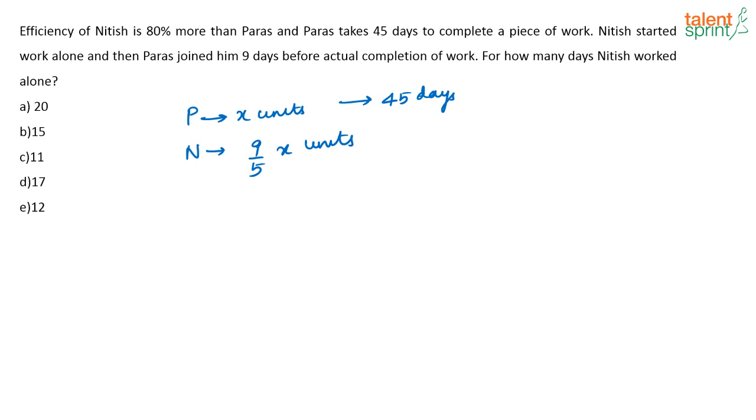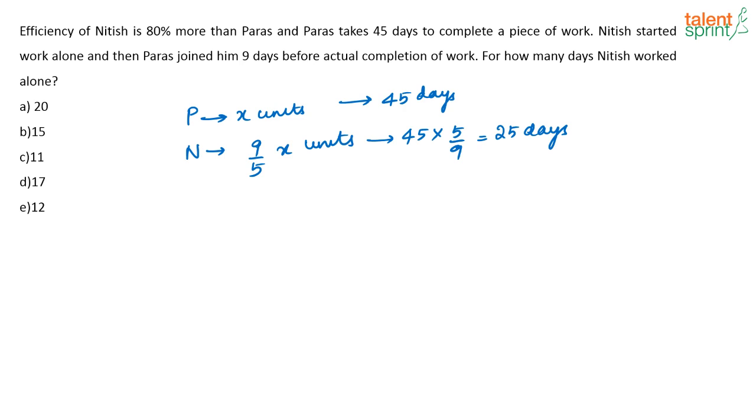So if Paras takes 45 days to complete the work, Nitish will take only 45 into 5 by 9 days. Nitish every time does 9 by 5 times the work Paras does, so he will take 5 by 9 times the number of days. Or I can say the work which Paras completes in 45 days, Nitish will complete in 25 days.